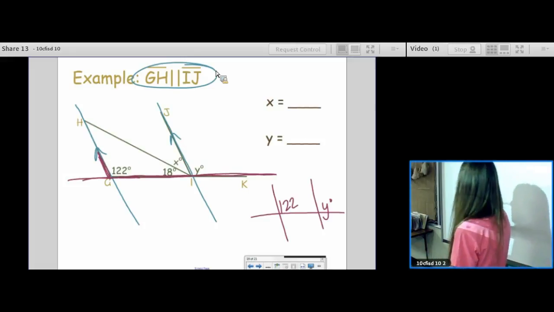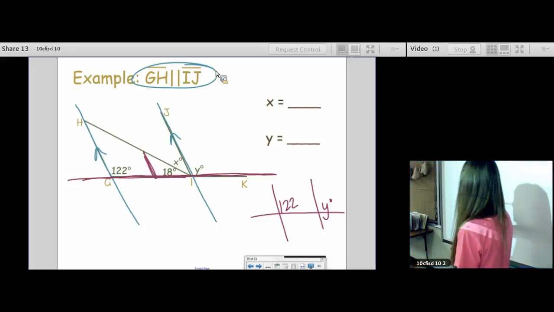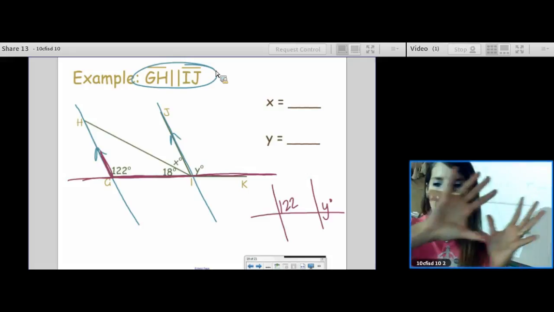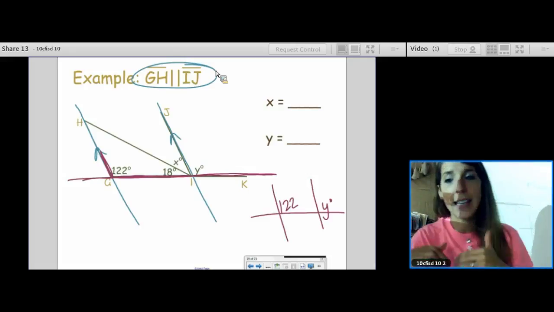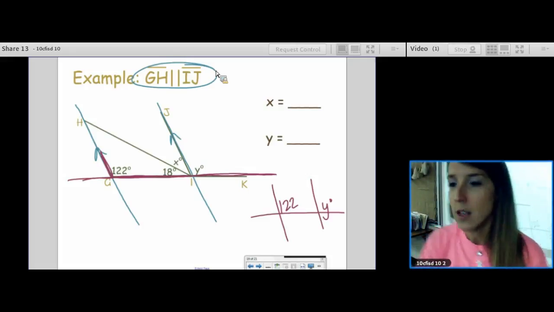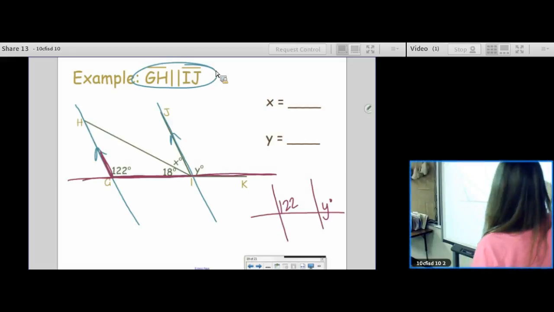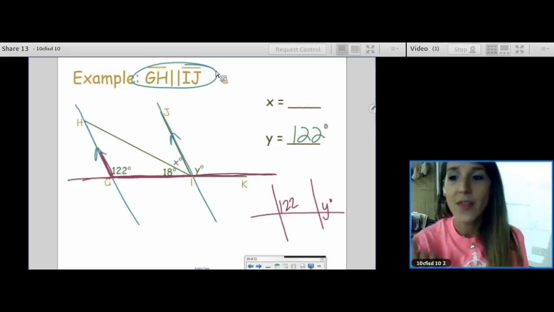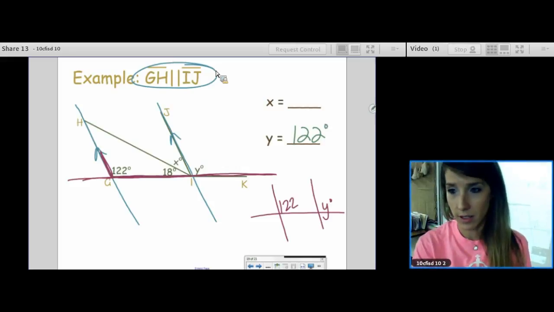They are literally the same angle, but just in a different position. So you can always visualize that angle sliding across or sliding down to fit in the other one's spot. So y is 122 degrees because if lines are parallel, then corresponding angles are congruent.